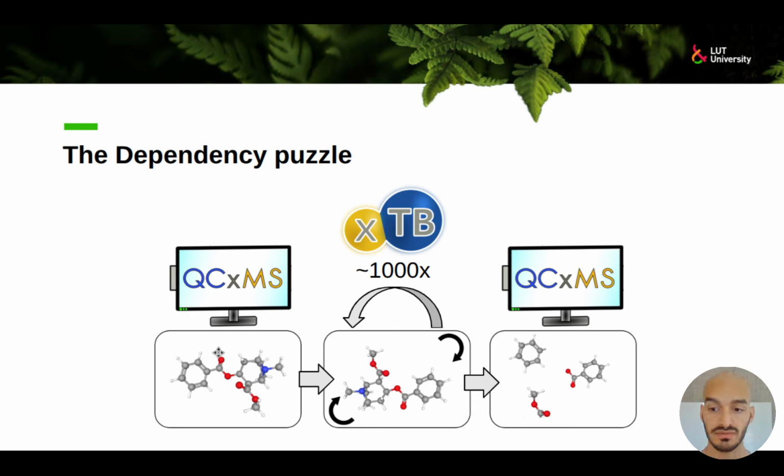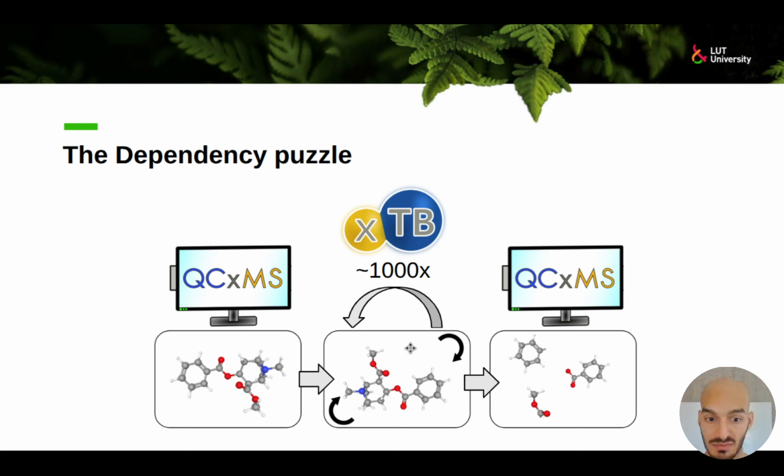QCXMS gives these coordinates to XTB, and asks XTB, hey, what is this molecule going to do right at this moment in time? XTB says the molecule is possibly going to rotate this way. It says possibly these atoms are going to be slightly farther apart. And QCXMS repeats this thousands of times.